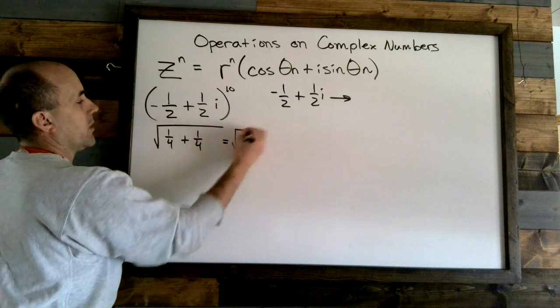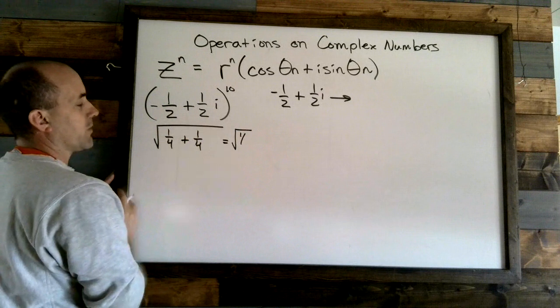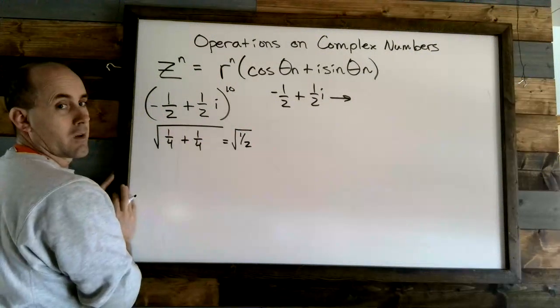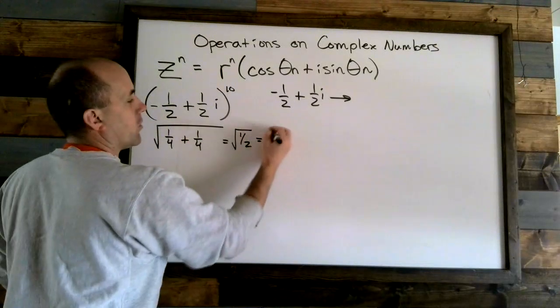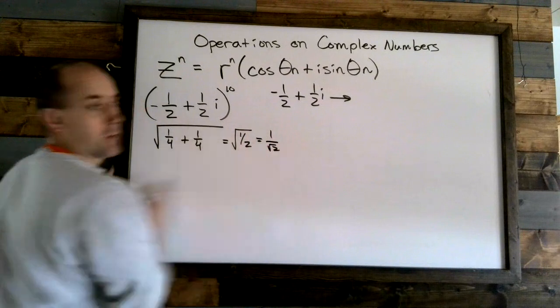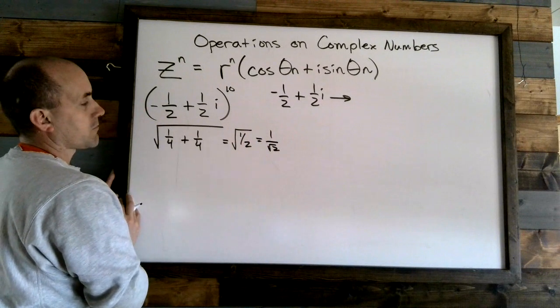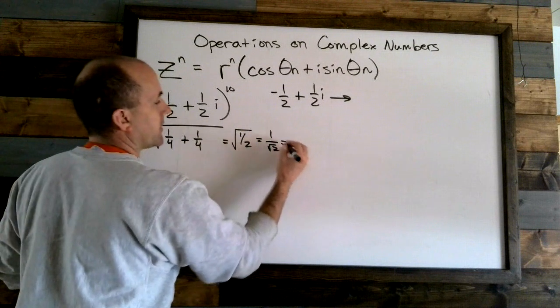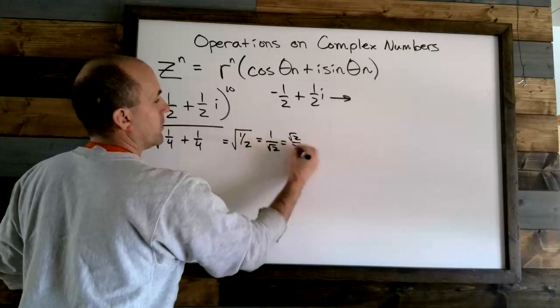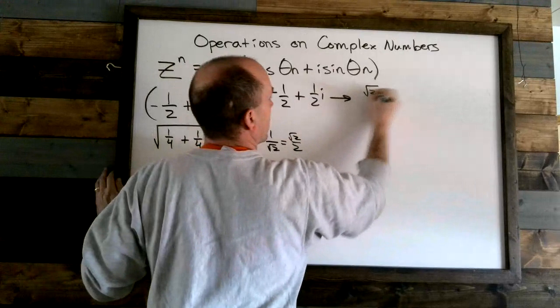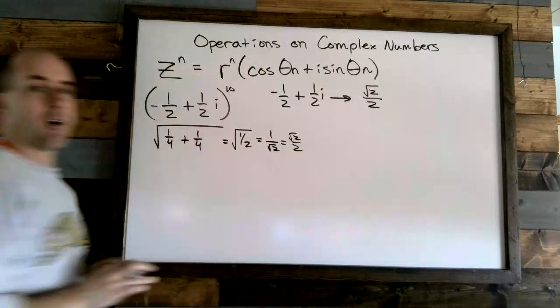So you get the square root of a 4th plus a 4th is a 1/2. The square root of 1 is 1 over square root of 2. Or in this situation, we just get the root of 2 over 2. So root of 2 over 2, that is my R value.